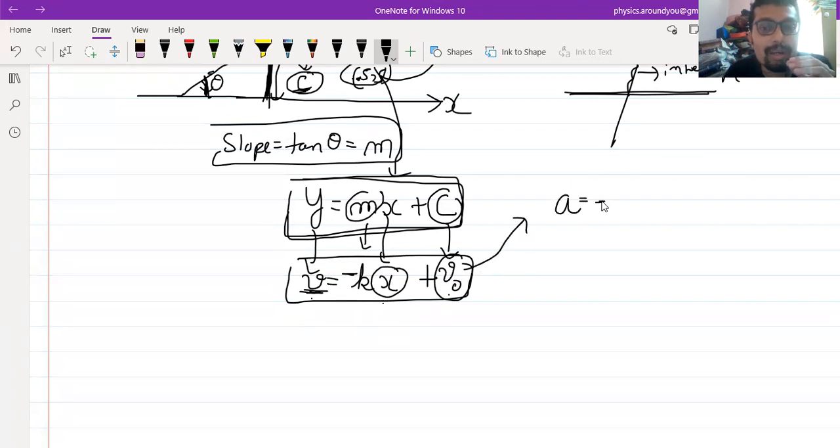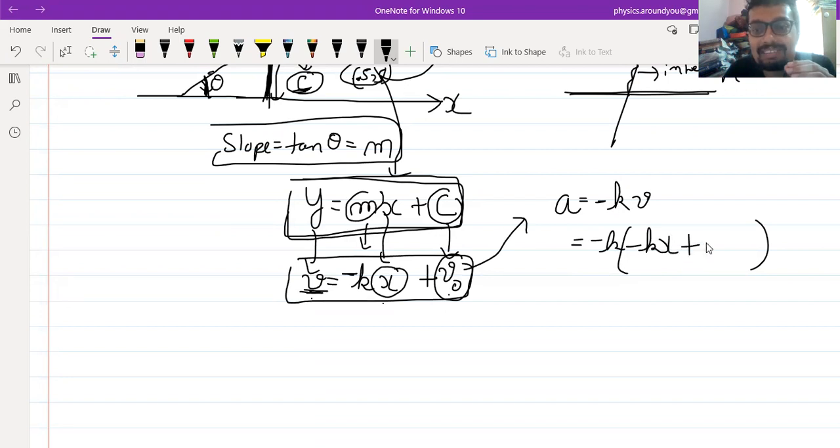a is equal to minus kV, or minus k times, put this, minus kx plus V naught. What is minus k into minus k? k square. k square x minus kV naught.